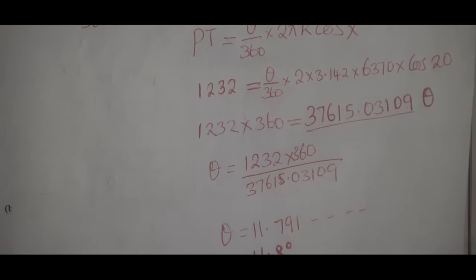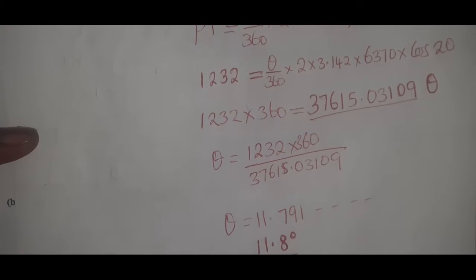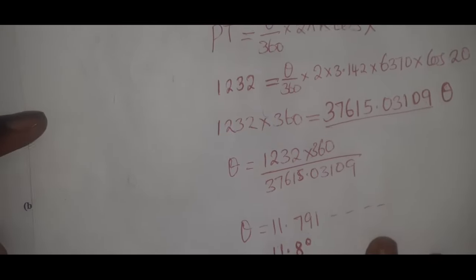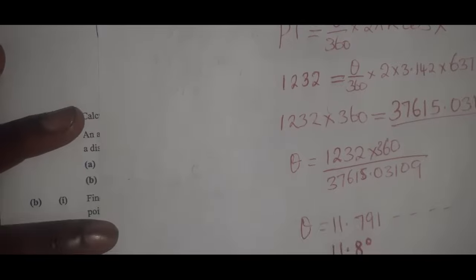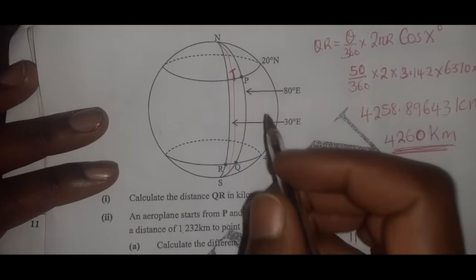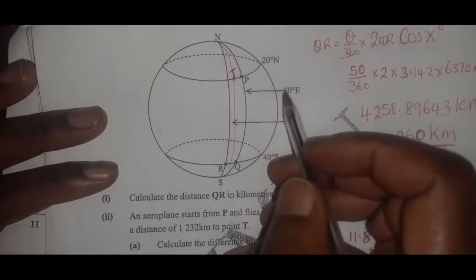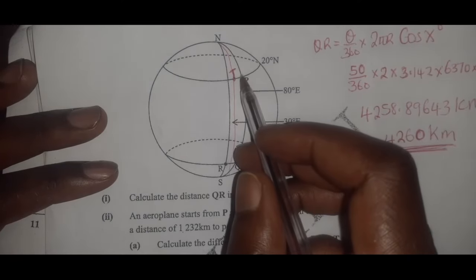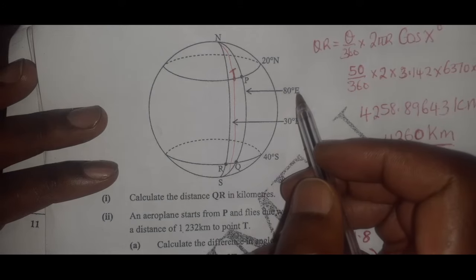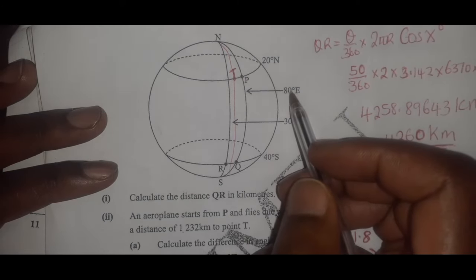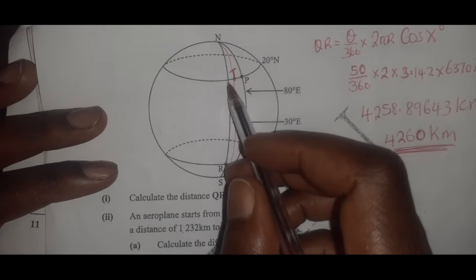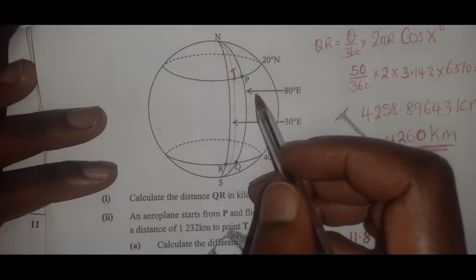Take note of that. Here we have 80 degrees east, and we are told that the difference between this and this side is going to be 11.8.